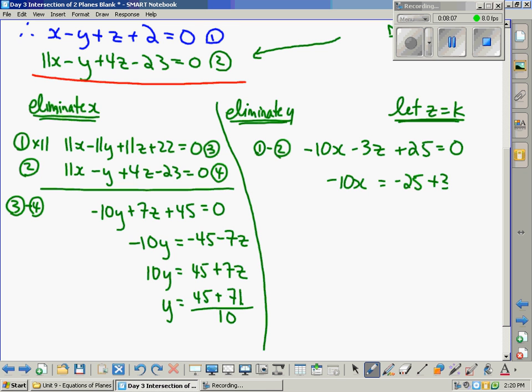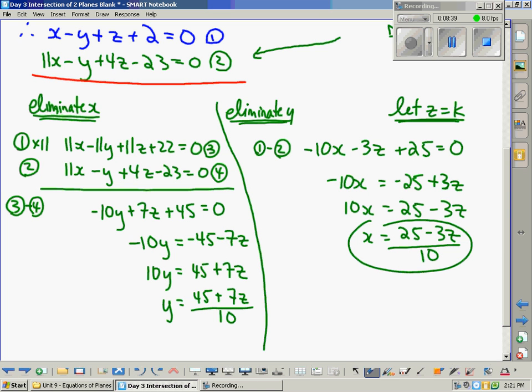So that should be a 7z, and over here, this should be a 3z. Divide everything by negative 1, and then divide by 10. And I've got my x.